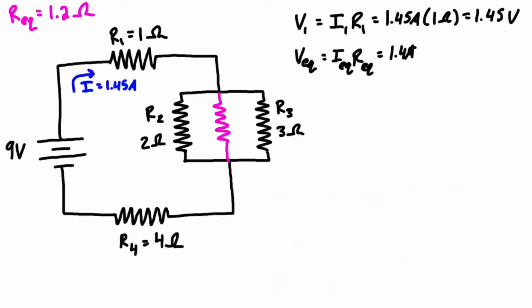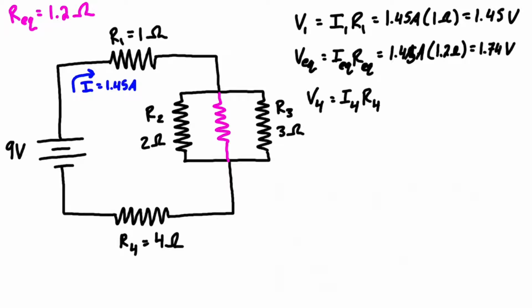So 1.45 amps times the equivalent resistance, which is 1.2 ohms, gives us 1.74 volts drop from here to here. Okay, let's do the last one. V4 is going to be equal to I4 times R4, the voltage drop across resistor 4.